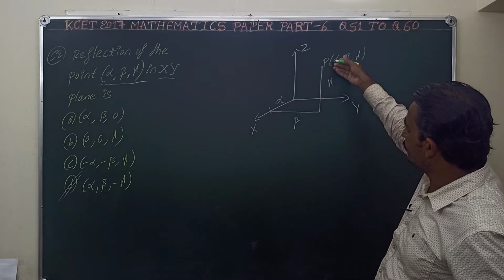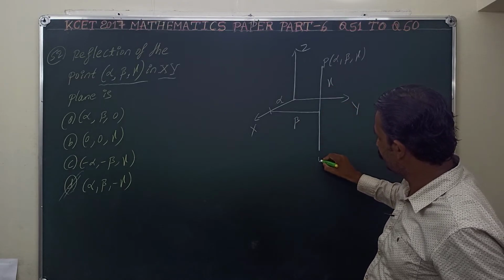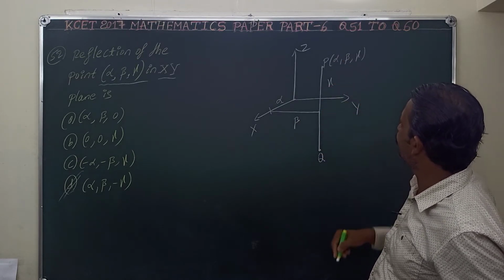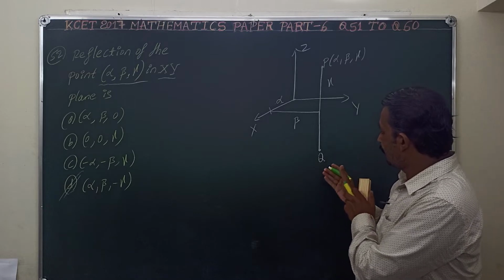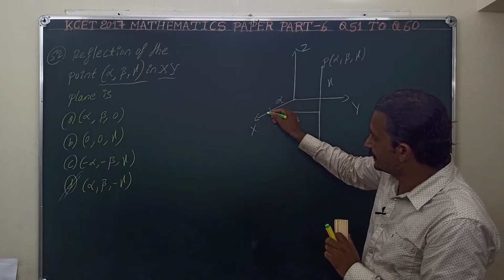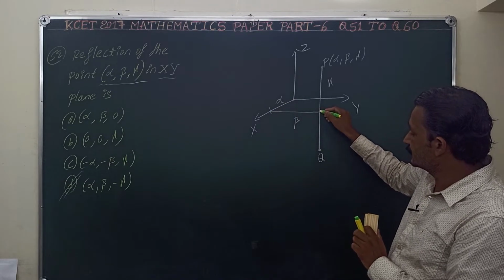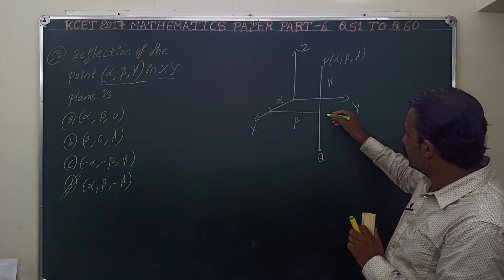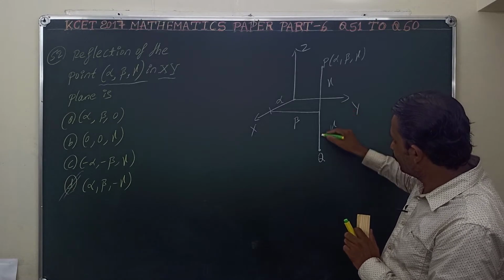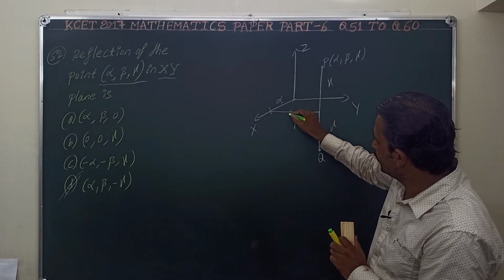So the reflection with respect to the xy plane of P is Q. Q is the reflection point of P. To reach the point Q, we can travel alpha along the positive x-axis, and beta along the positive y-axis, and then travel gamma along the negative z-axis.